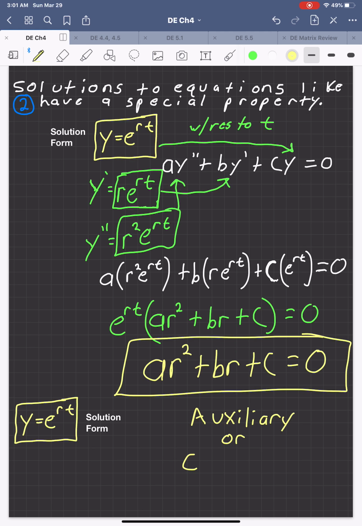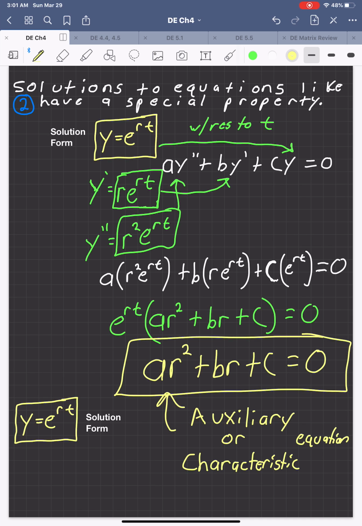You might hear me refer to it as either one of them. So this a r squared plus b times r plus c is equal to 0 is the auxiliary equation or the characteristic equation.